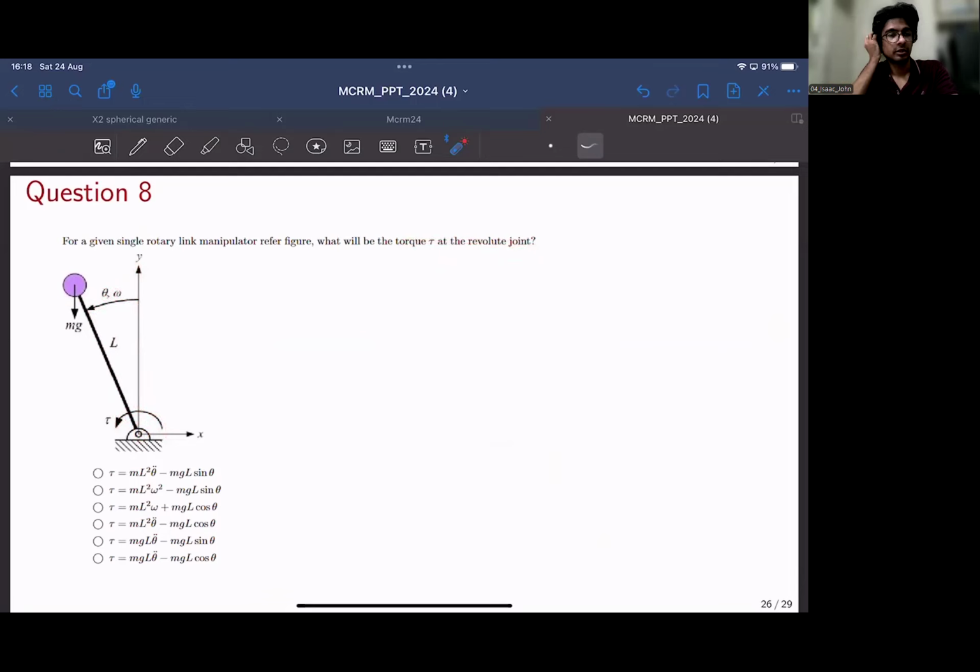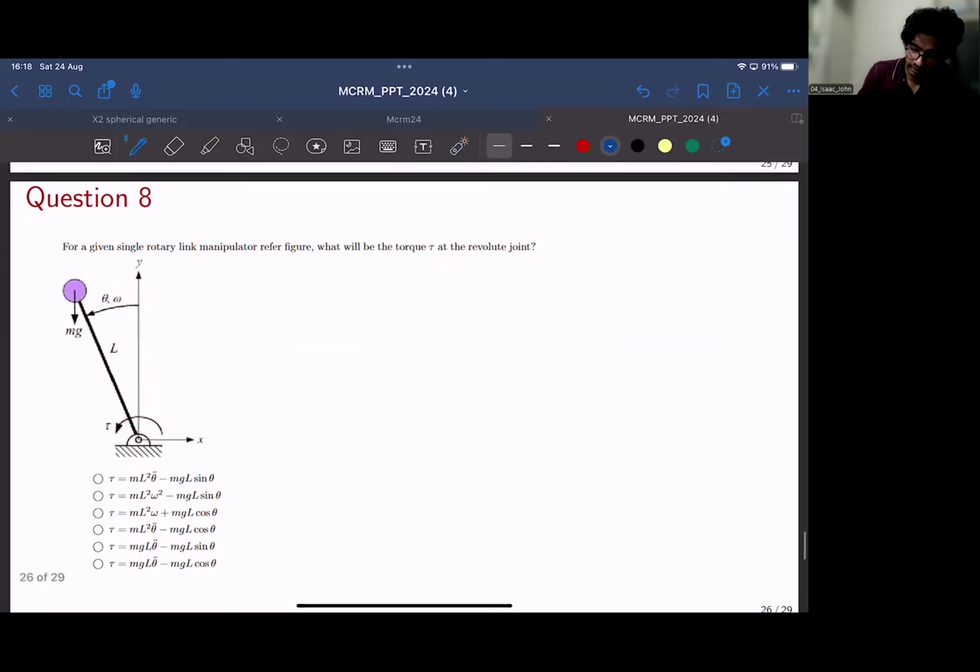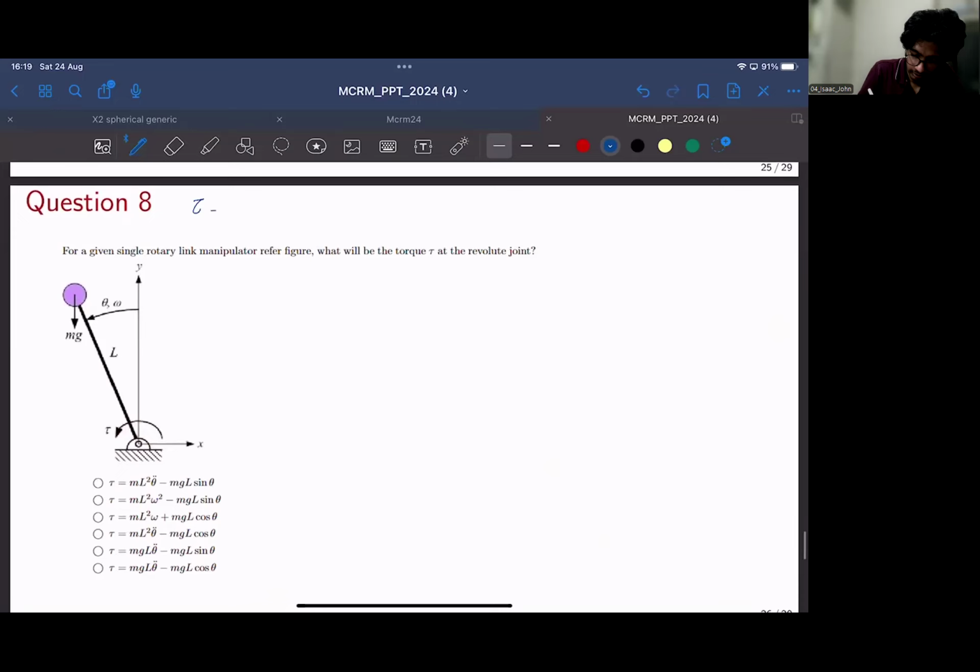Since this is a fairly straightforward, simple mechanism, you can use the Euler-Lagrange method. I'll write the equations of motion over here as tau equals d/dt of (dL/dq dot) minus dL/dq.